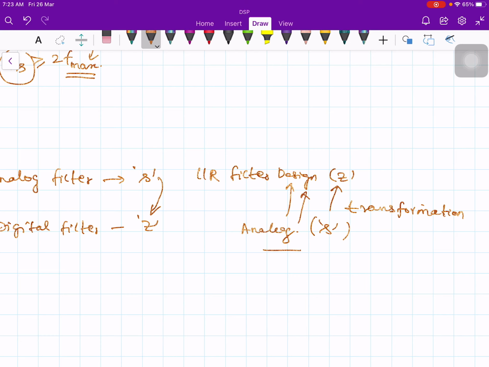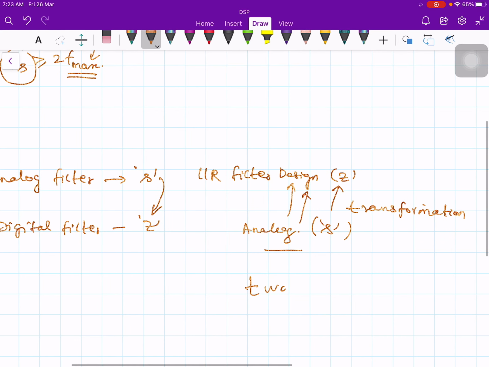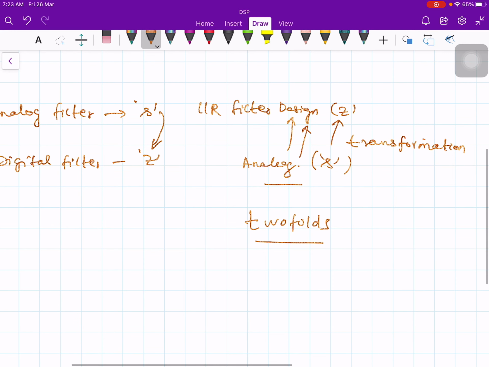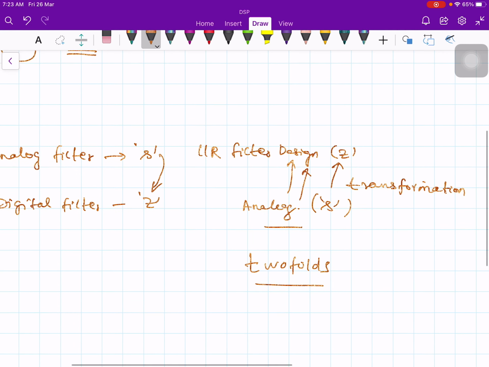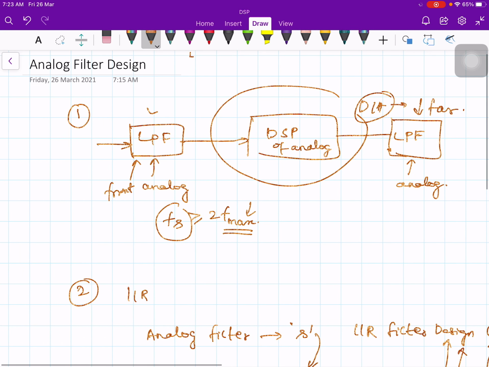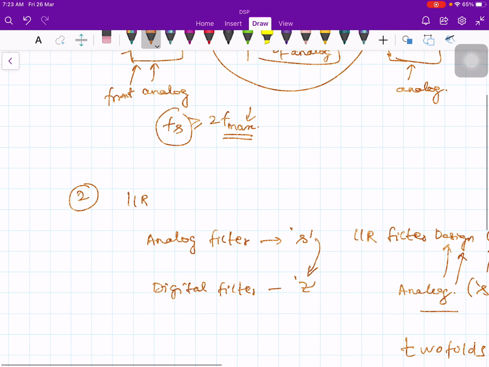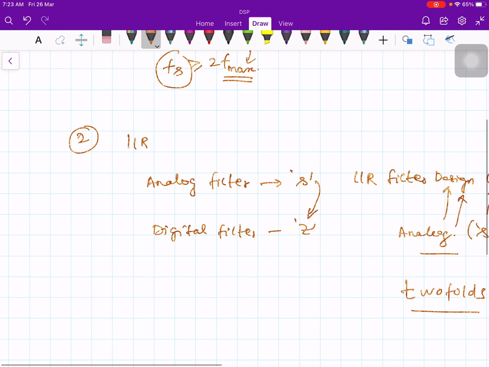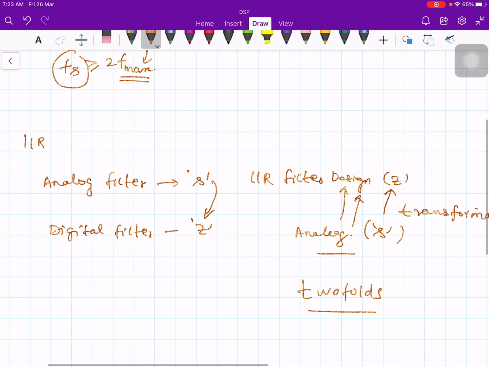So the motivation for analog filter design discussion in a DSP course is twofold. One is we do require analog filters at the front end and in the far end. And second, a major part of digital filter design is based on transformation of analog filters.